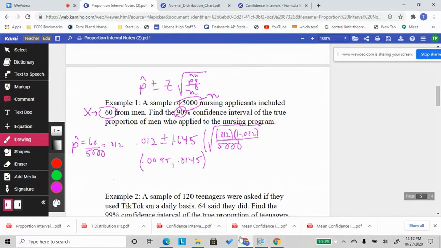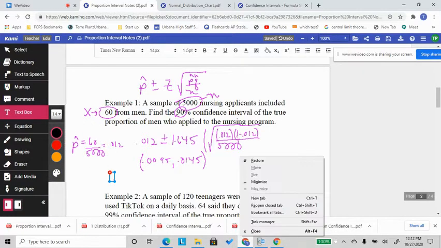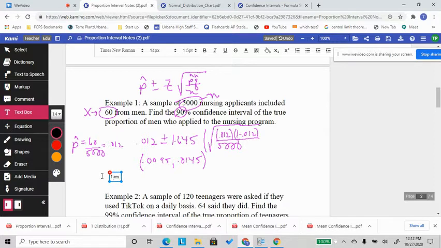Now we're going to do the sentence. Okay, so my sentence for this is: I am 90% confident that the true proportion of male nursing students is between, okay, now I'm going to change these to percents.